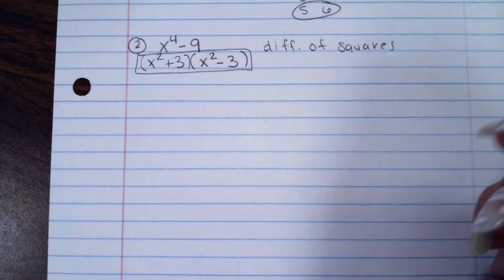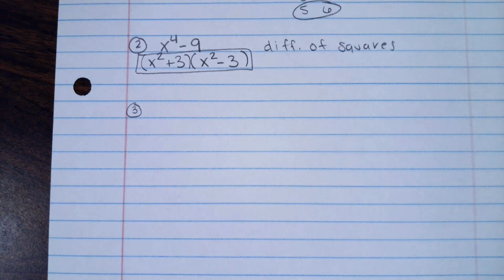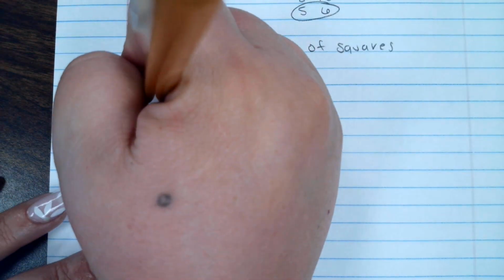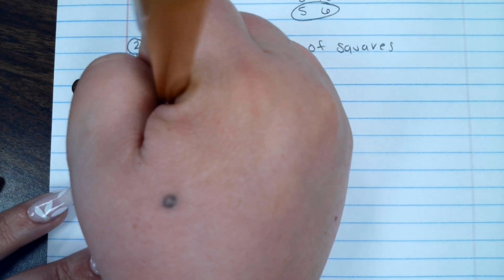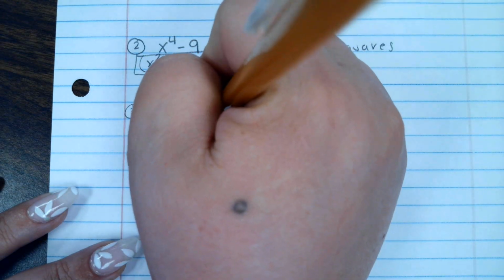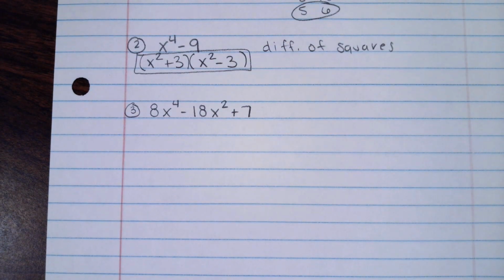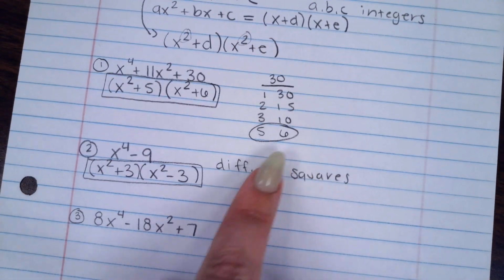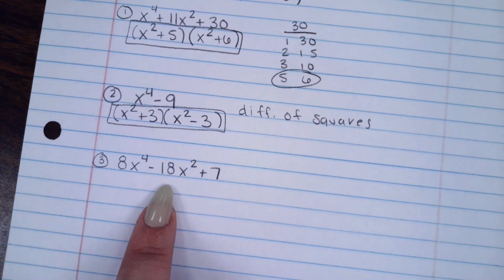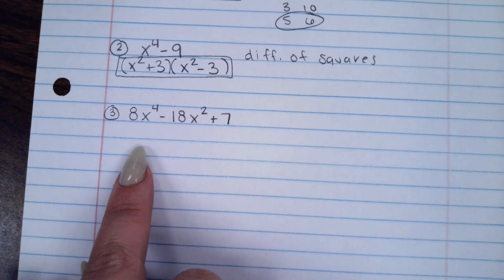All right, let's look at another one. How about 8x to the fourth minus 18x squared plus 7. So you might try to jump right into finding multiples of 7 that add to 18, but we need to slide and divide this one.